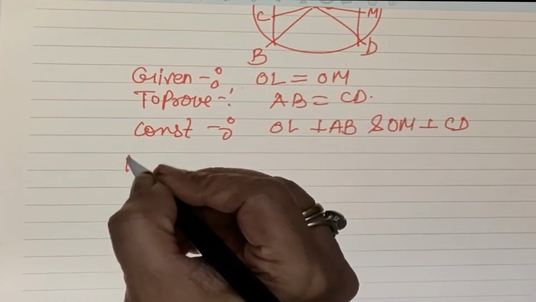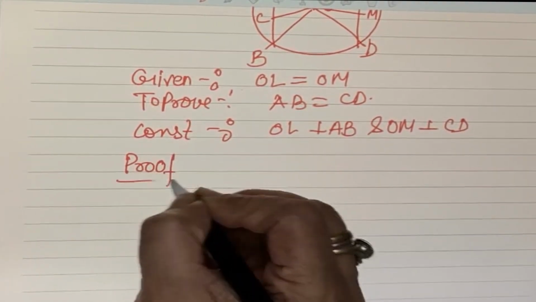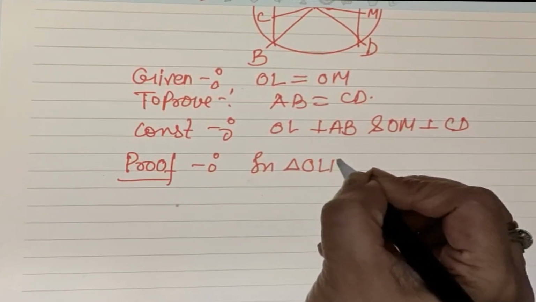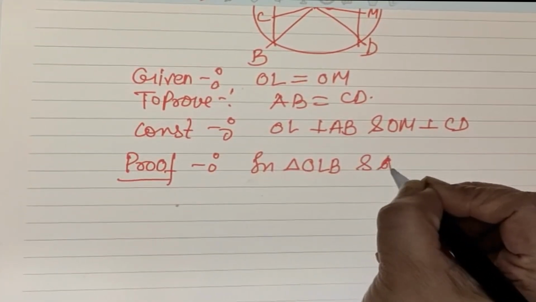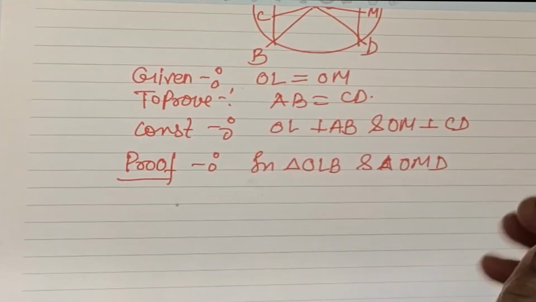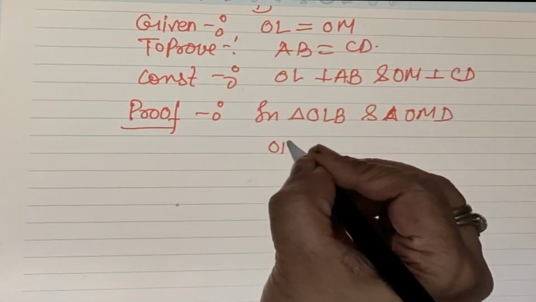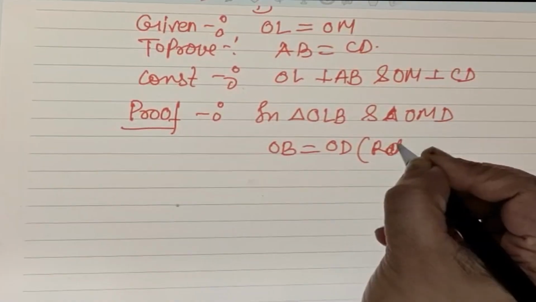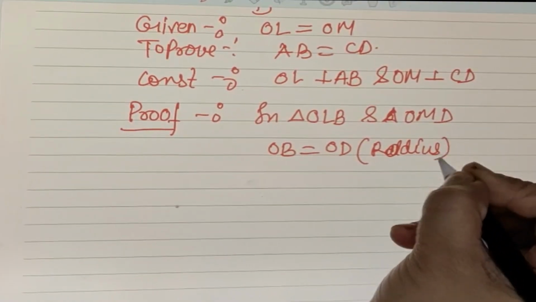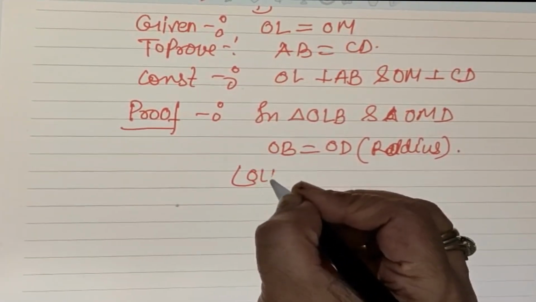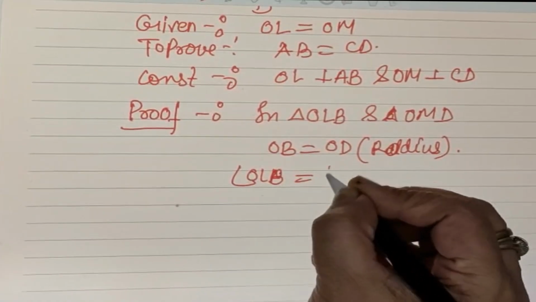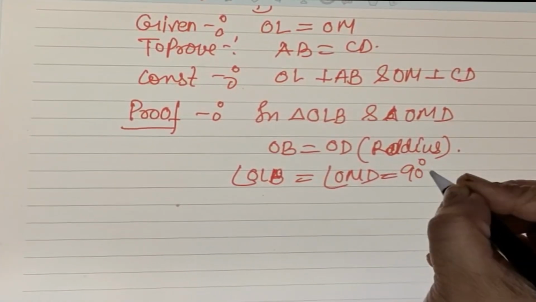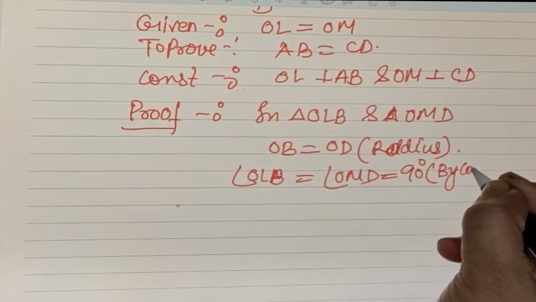Going to start with the proof. In triangle OLB and triangle OMD, OB and OD are equal. If you see the figure, you will understand, radius. Then angle OLB is equal to angle OMD is equal to 90 degrees by construction.